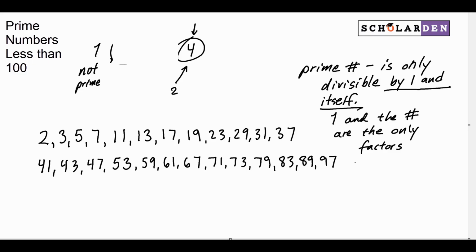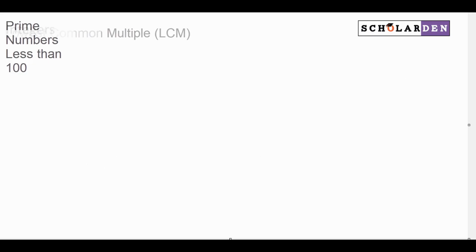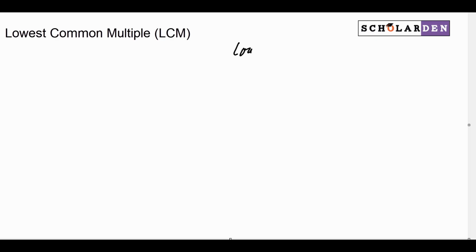All right, let's move on to something called a lowest common multiple. And that's often abbreviated LCM. So, lowest common multiple. We've talked about what a multiple is. It's what a number multiplies to.